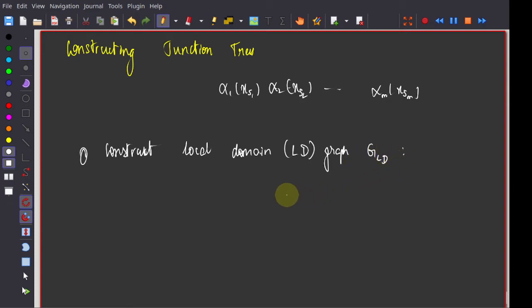So this is a complete graph on the M vertices, alpha 1 to alpha M. But this is going to be a weighted graph. So each edge is going to have a weight.